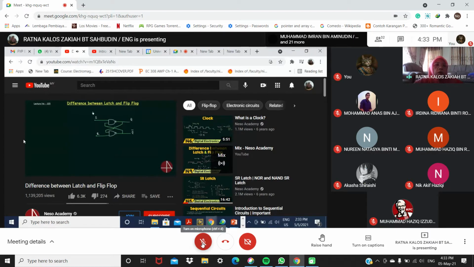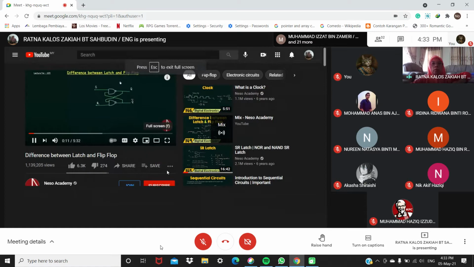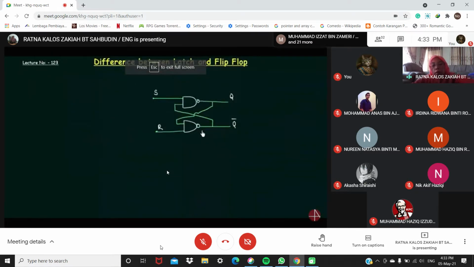So let's see the difference between latch and flip-flop. In this presentation, we are going to find out the answer for this common question in digital electronics. The circuit here you can see is a familiar one to you. We have already discussed it. It is your SR latch. There is no control input given to it, and in this case, when there is no control input, the inputs S and R can be changed accidentally or intentionally.